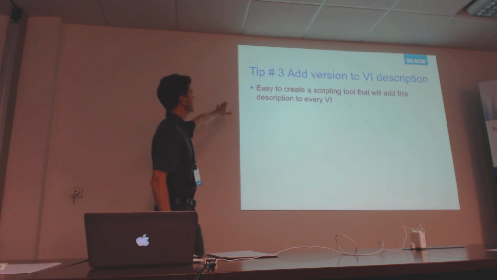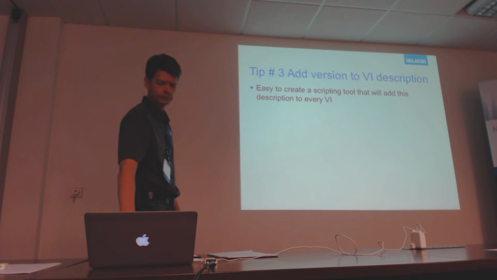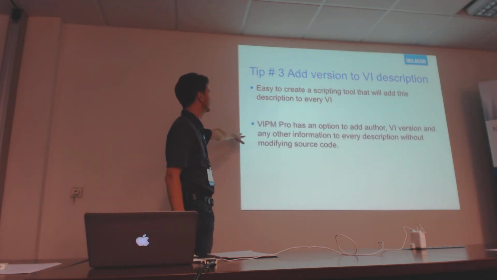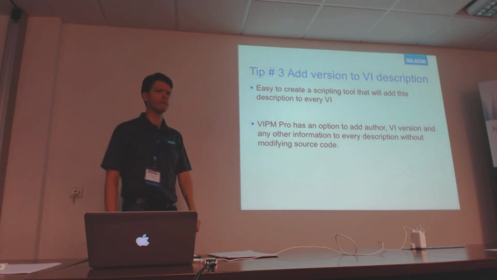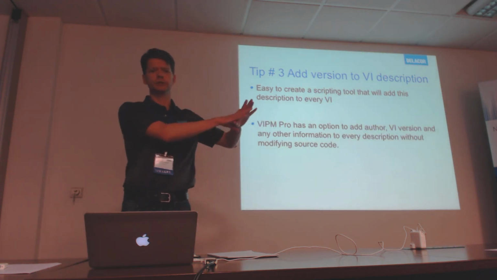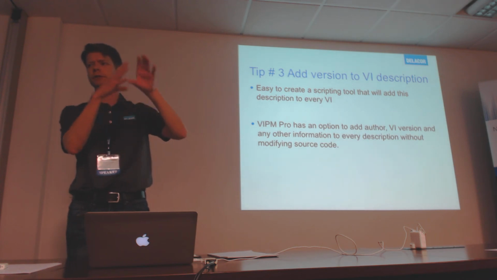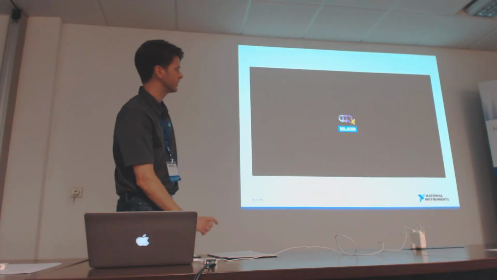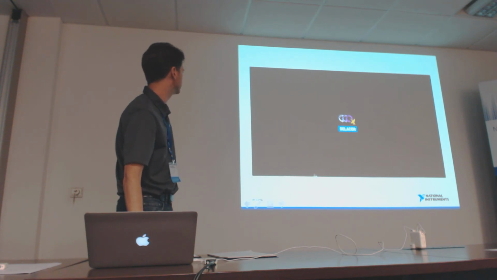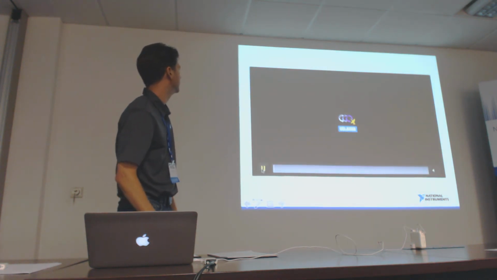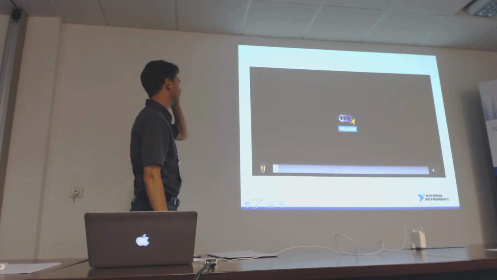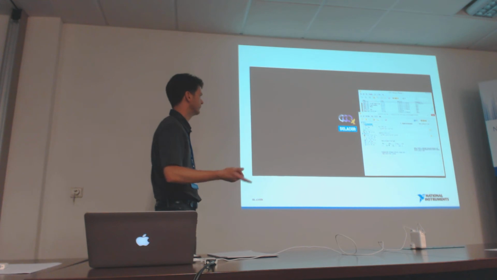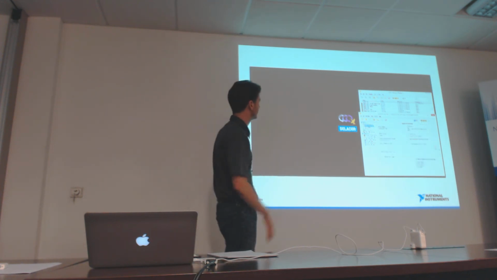You could actually write a scripting tool that will add it, but VIPM Pro has the option to add author, VI version and any other information without modifying source. So you're not changing your source files on disk, you're adding that information at build time to the package. So this one, I do just that. I add the name of this presentation to the VIs.